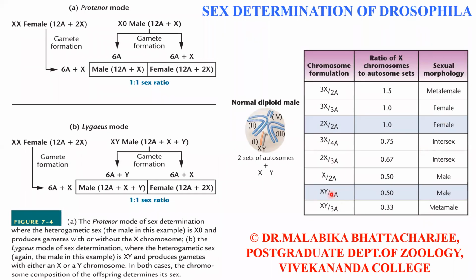If it is 0.5, it is male. Any ratio between 1 and 0.5 is intersex. Any ratio above 1 is meta-female. Any ratio below 0.5 is meta-male. So this is basically the sex determination.